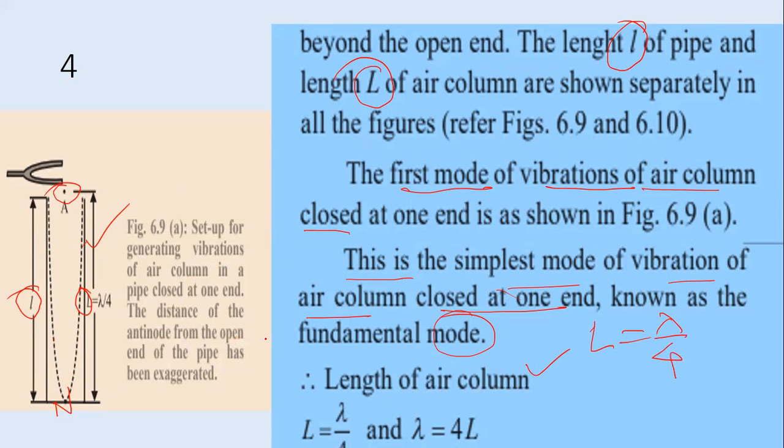We have seen the properties of stationary waves, and in those properties we have seen that the distance between a node and a successive antinode is equal to lambda by 4. In this mode, the air column vibrates such that there is one node and one antinode. Therefore, this length of the air column is equal to the distance between node and antinode, that is lambda by 4.